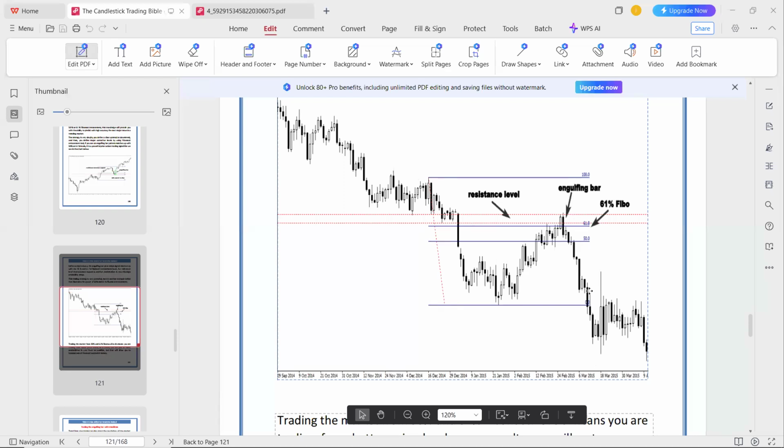So what I'm going to do is quickly switch to the charts so that I can show you guys the live chart example of today's trade. So let's see.